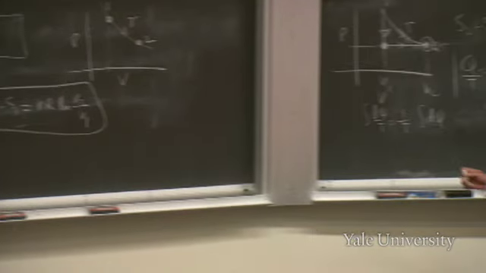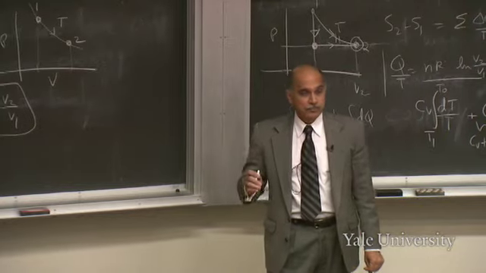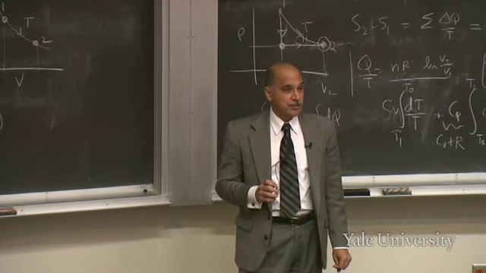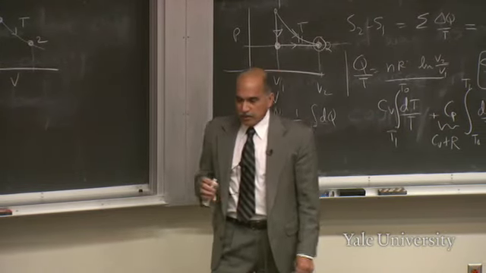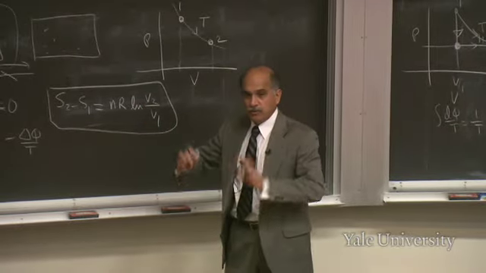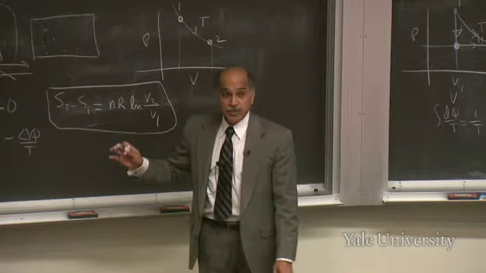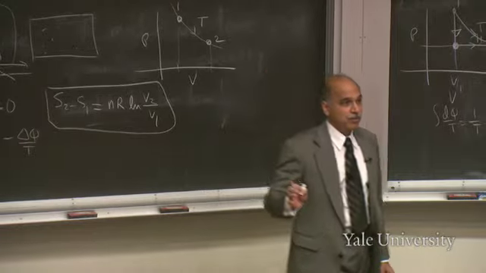This is the part that's absolutely central to this whole argument: how entropy is calculated. In a real spontaneous expansion of a gas, where there was no reservoir, you just broke the partition and expanded, there is a change in entropy. That's an irreversible process.